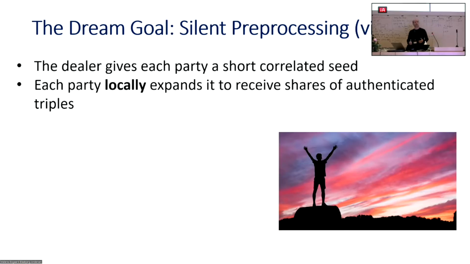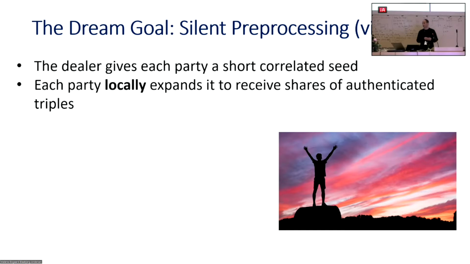A new direction in MPC, which I'm sure will be mentioned in this workshop as well, is to achieve silent preprocessing using PCGs, pseudorandom correlation generators. The idea here is that the dealer will give each party a short correlated seed, and then each party can locally expand his seed to receive shares of authenticated triples.